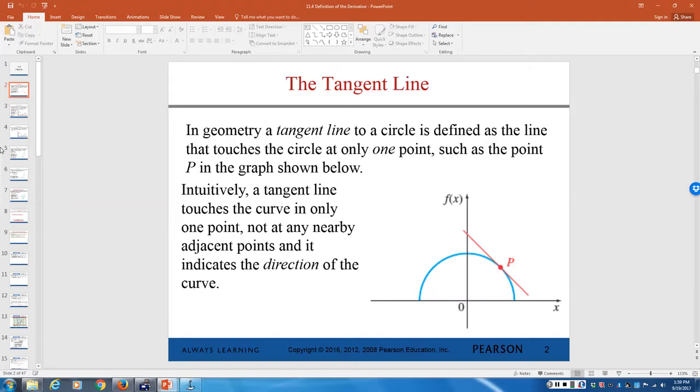And if it only touches it at one point and not any nearby adjacent points, then what we say is that it indicates the direction that the circle's equation is moving. Is it moving positively? Is it moving negatively? In other words, we're talking about the slope at a given point. Okay?